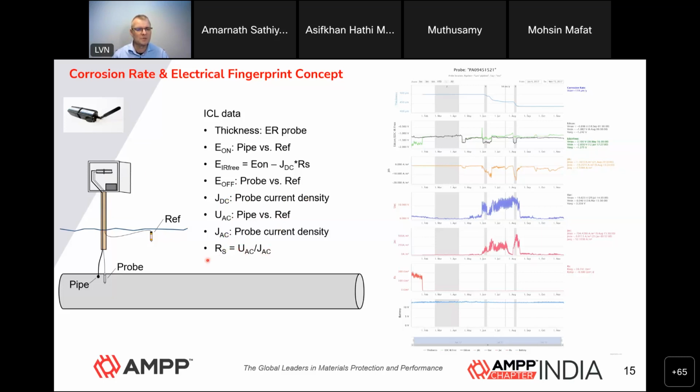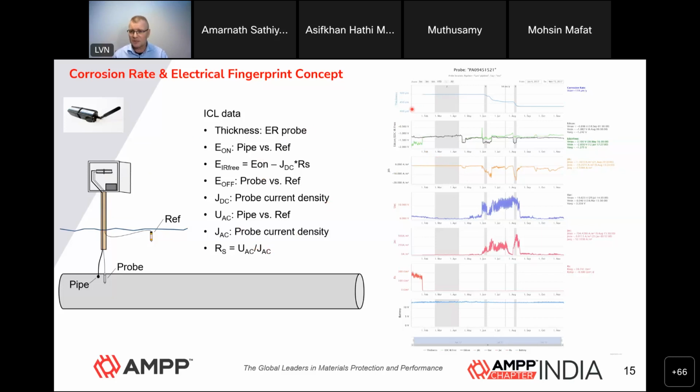So that gives you the opportunity to compare the corrosion rate that you measure with all the different, what I call electrical fingerprints. And we can measure this throughout time, and we can align all the plots of these different quantities so that we can analyze if you have any kind of corrosion, under which circumstance, I mean, what is the electrical fingerprint that actually gives you that corrosion rate.